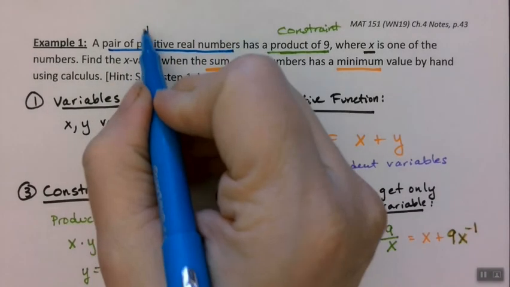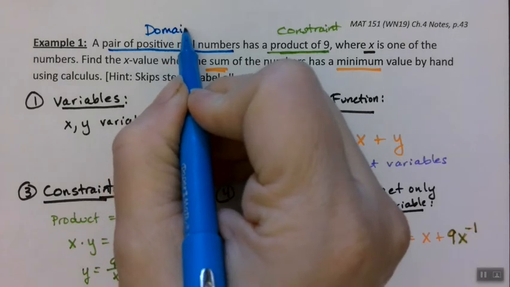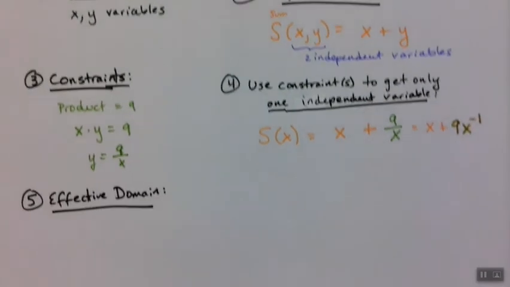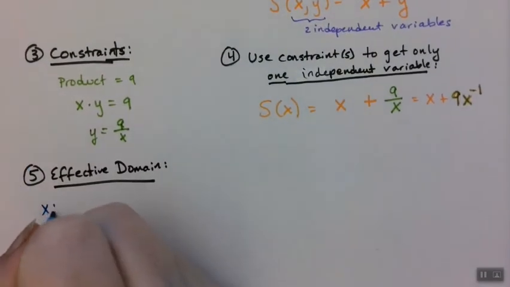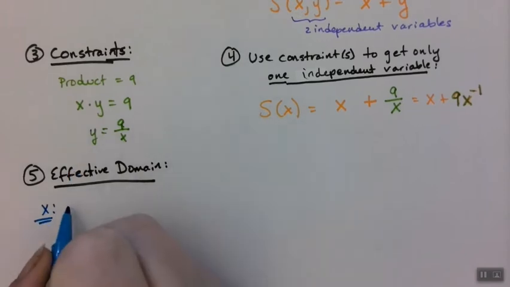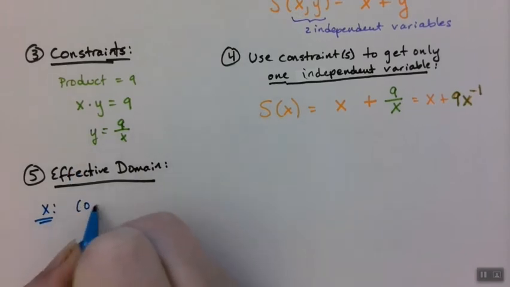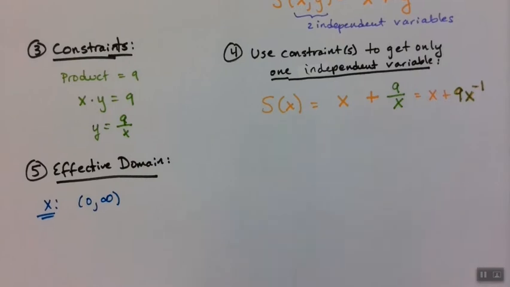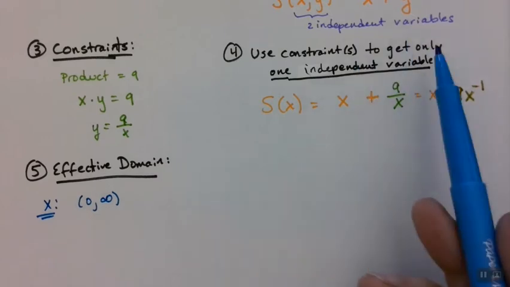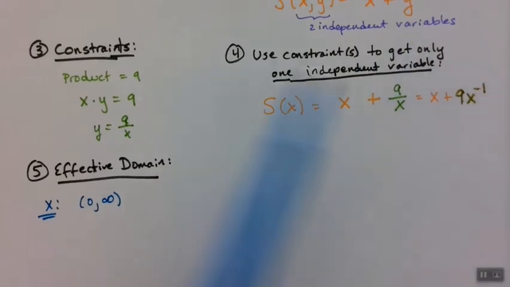Now, if it said any real numbers, that would be negative infinity to infinity, but for us, this says it's positive, so we're only going to look from 0 to infinity. And it's an open bracket, of course, because you can't actually have 0. 0 is not a positive number. And it wouldn't give you a sum anyway. All right, so then step 5 is done.